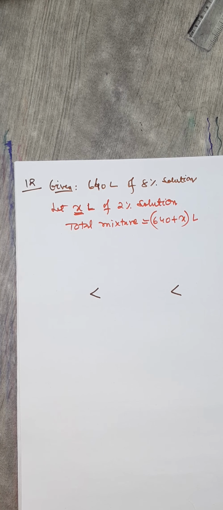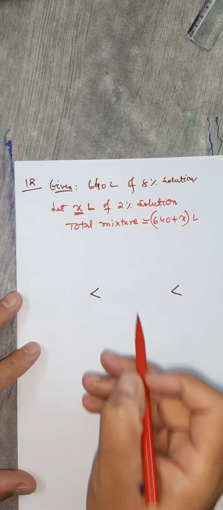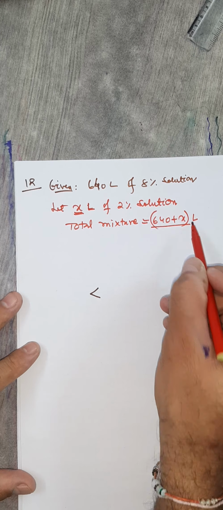Now just concentrate on that inequality. The resulting mixture is to be more than 4%. So total mixture is this.